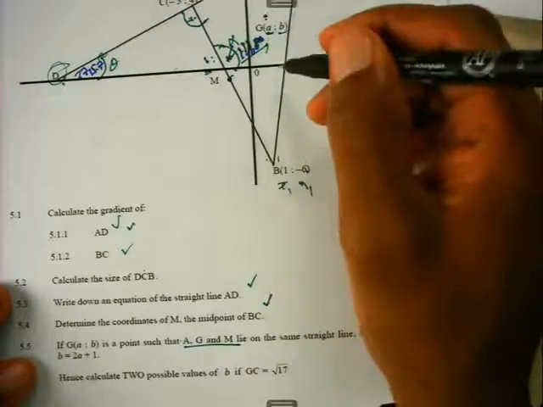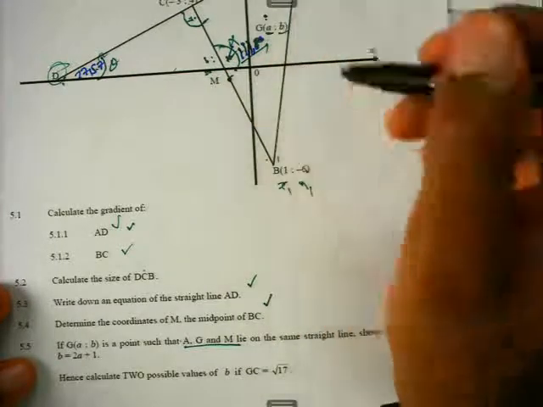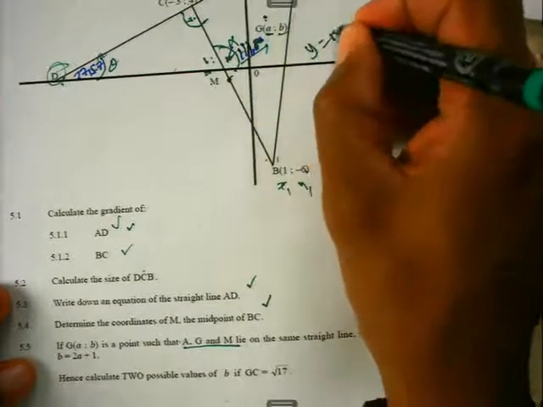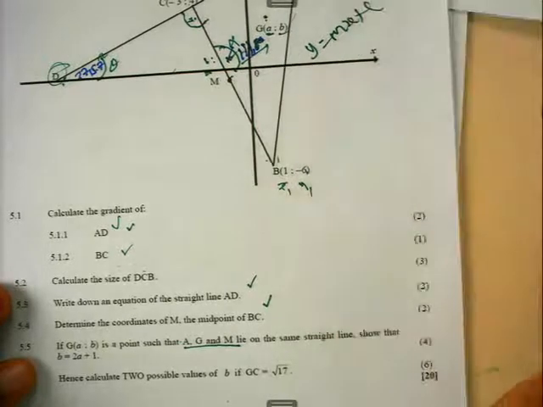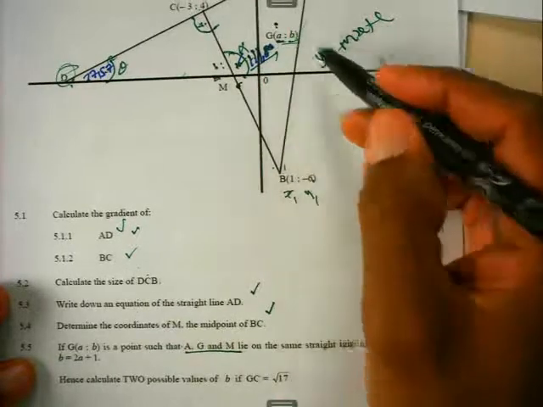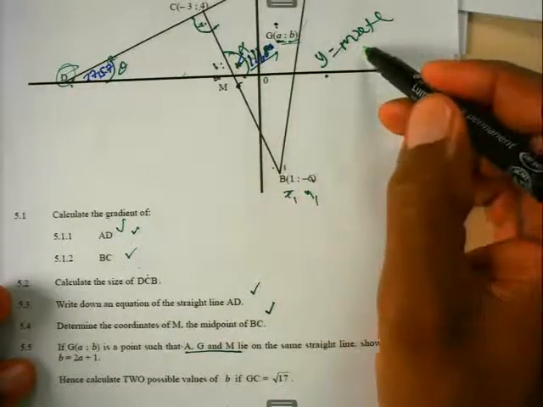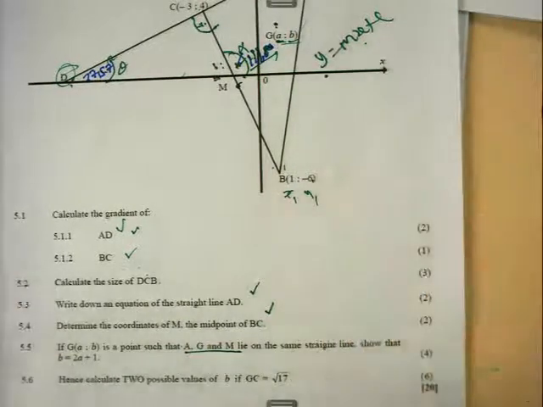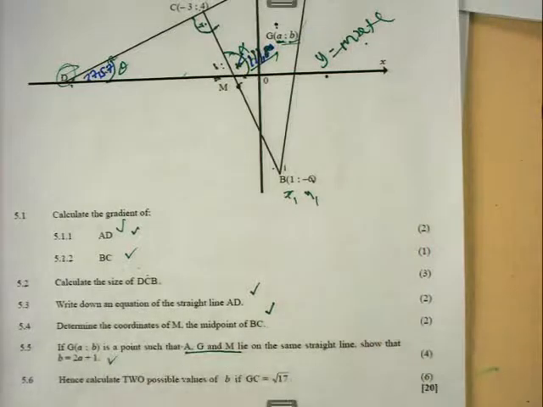Once you have the gradient, you can determine the equation in the form y equals mx plus c. Once you have this, you just substitute y as B and x as A. Then you'll have the equation B equals 2A plus 1.